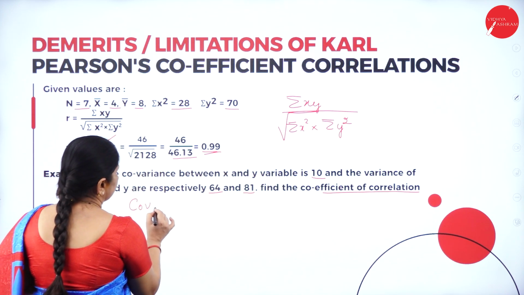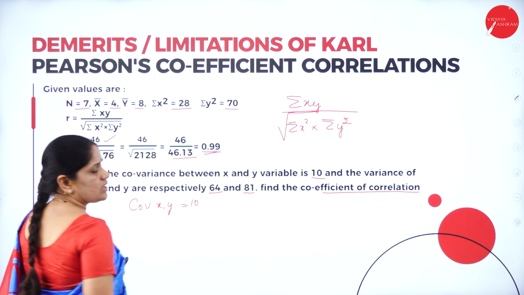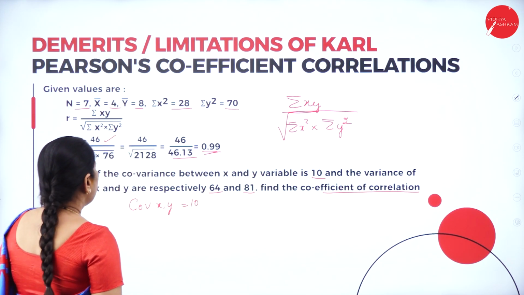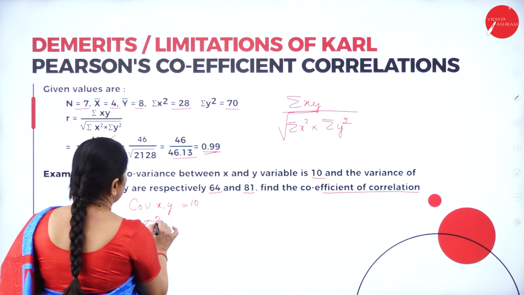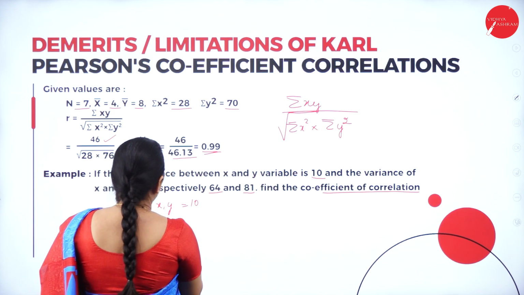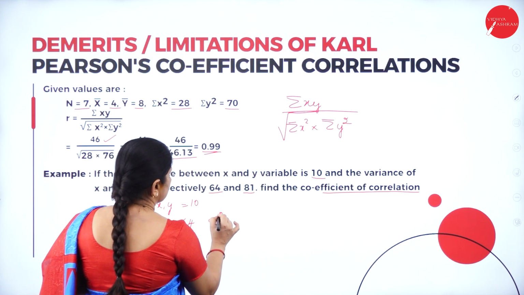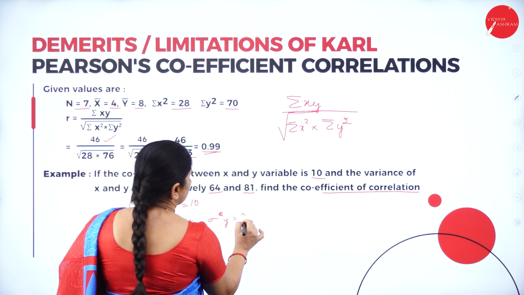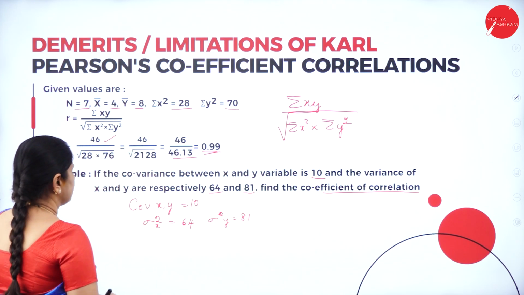They have given the covariance of x and y as 10, and the variance, which means standard deviation the whole square. So, standard deviation the whole square of x is 64 and of y equals 81. Find the coefficient of correlation.